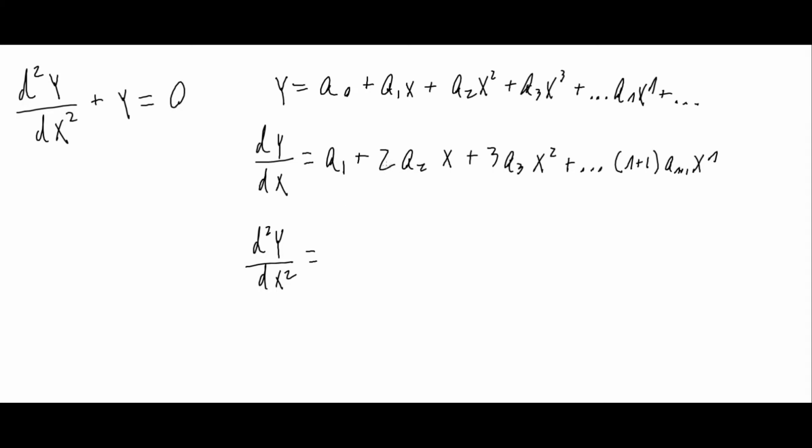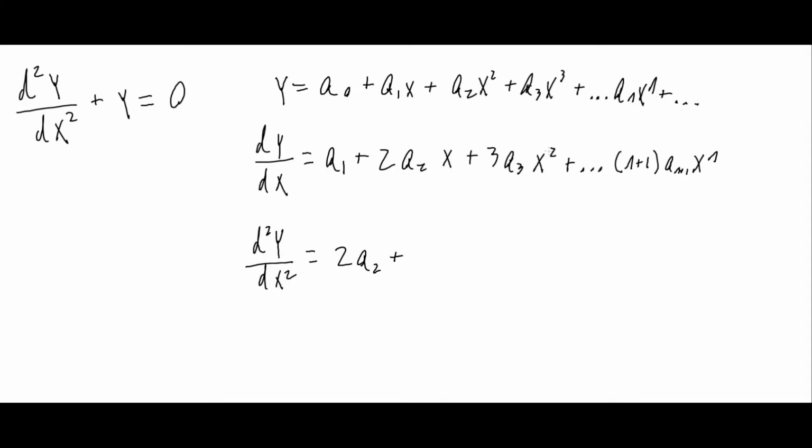Then we will have 2a2x, and the x will just go away because we're just differentiating term by term. So we end up with 2a2, because the dx of x is just going to be 1, so that becomes a constant.